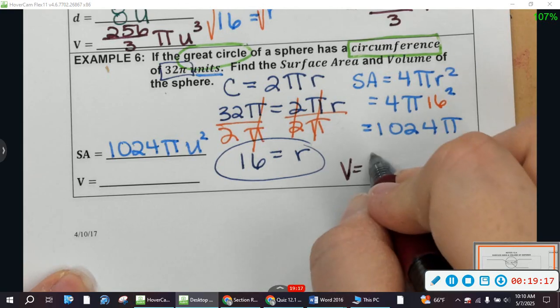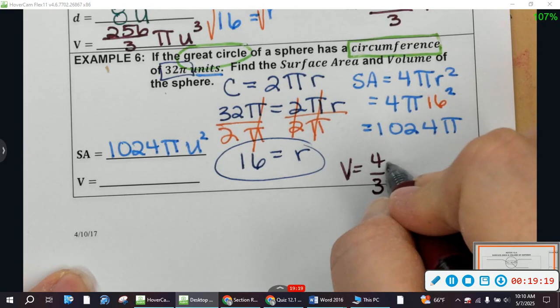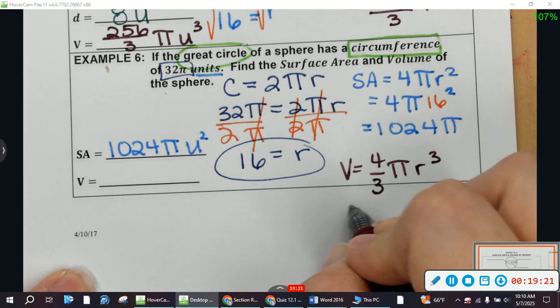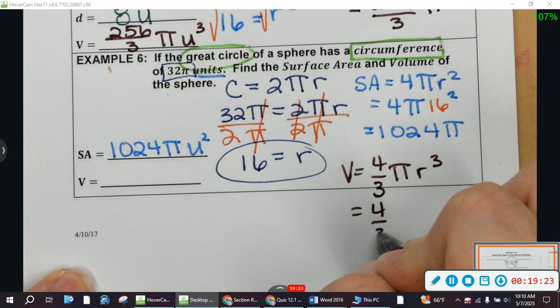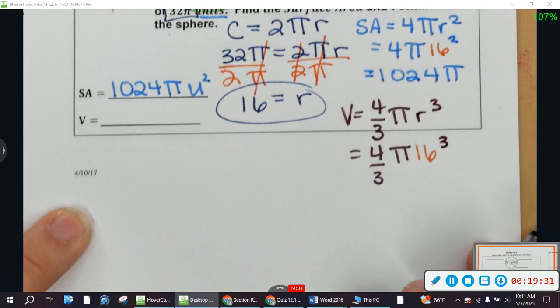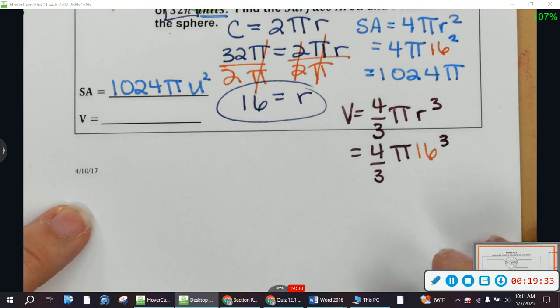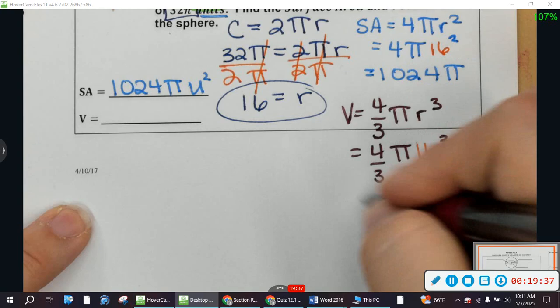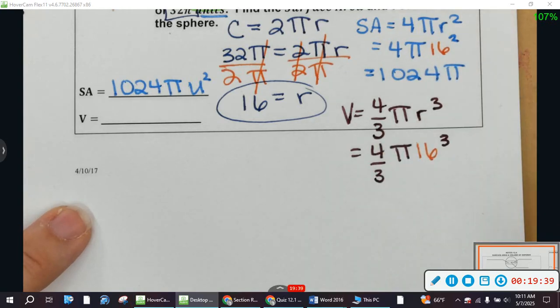And last volume, 4/3 pi r cubed, 4/3 pi 16 cubed. Definitely want to type this in the calculator. Remember, you're cubing before you're doing the 4/3.